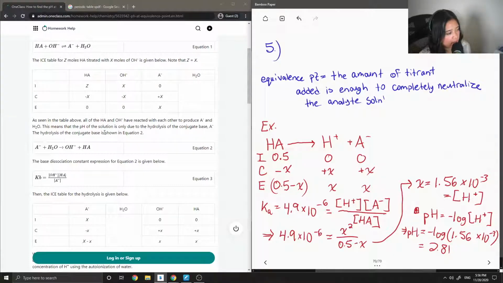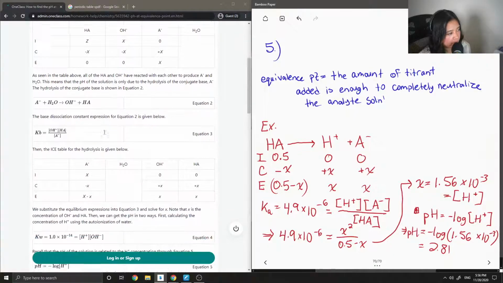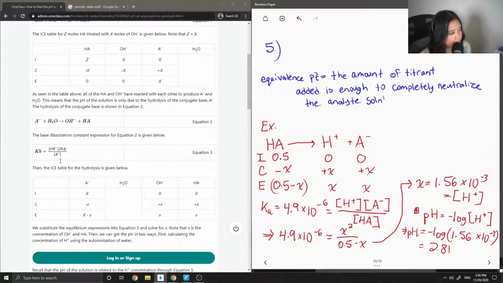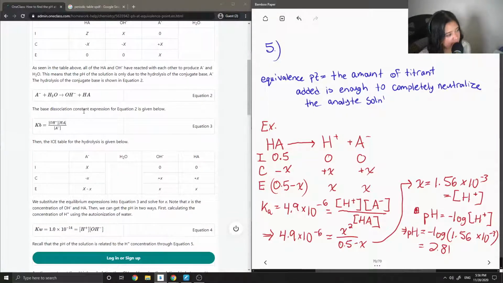Hydrolysis of the conjugate base is shown in equation 2. So here they show A- plus H2O makes OH- plus HA. So it basically looks like the reverse reaction of the first one. The base dissociation constant expression for equation 2 is given below.